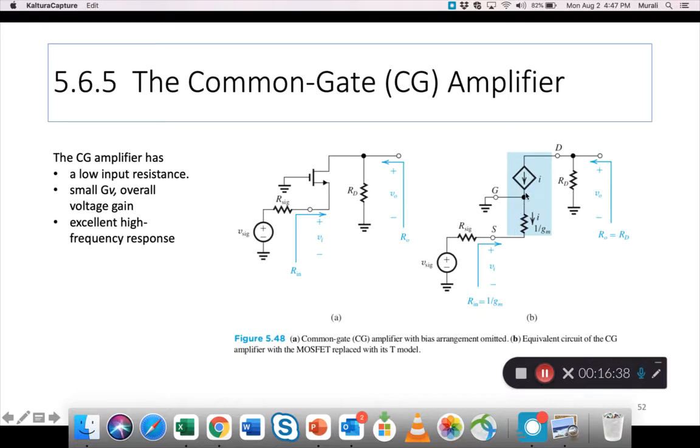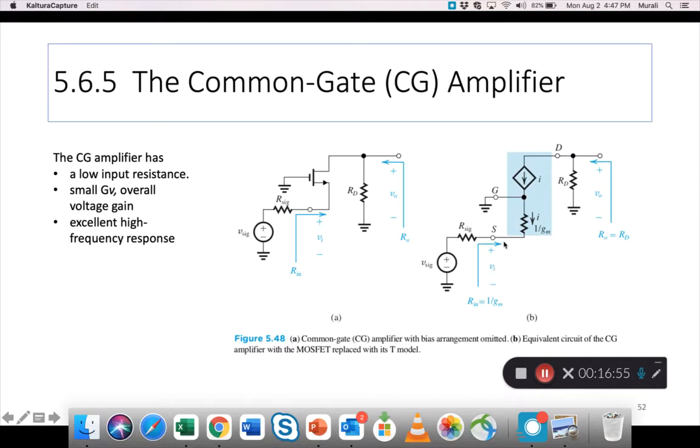Alright, so to do the analysis on a CG, according to our textbook, you should use the T model, right, instead of the hybrid pi model. So in the T model, you can see that a current source has appeared. Also, the input resistance is 1 by gm.